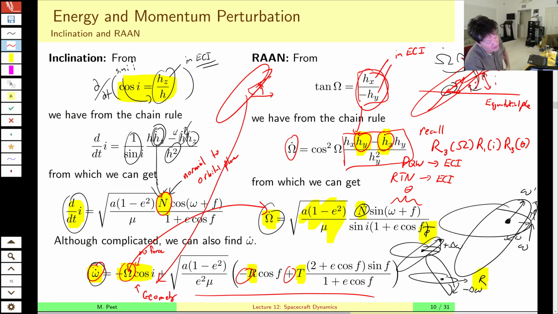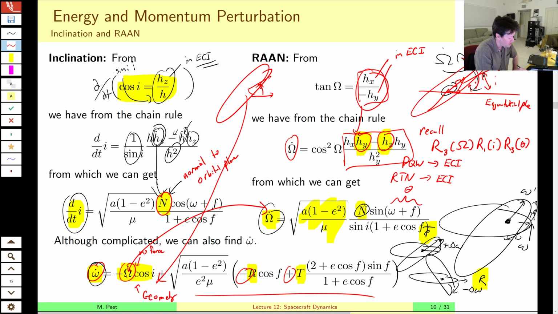So again, very complicated formula. The derivations don't go through in much detail at all, but you can get the intuition as to what's going on. Tangential force moves the argument of perigee forward. Radial components move it backward.